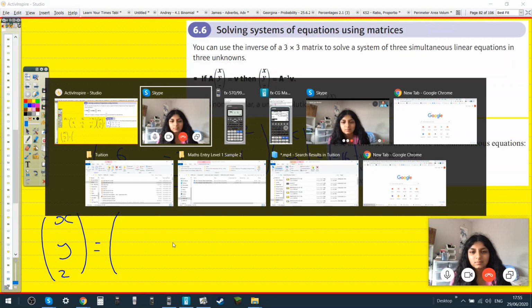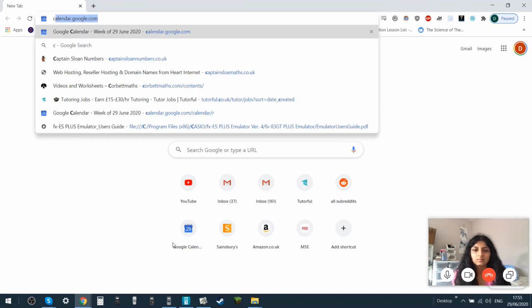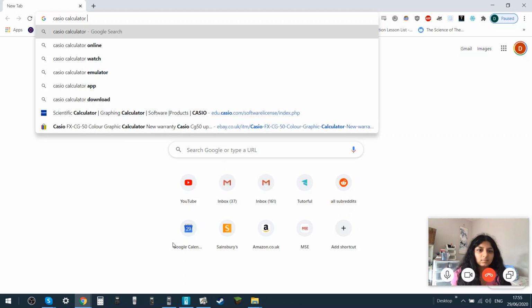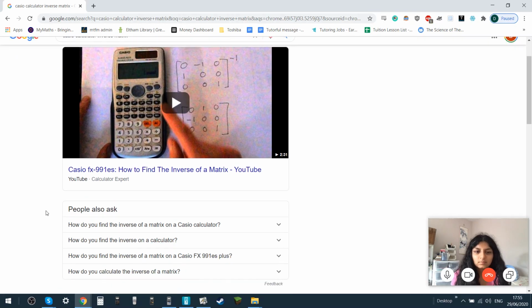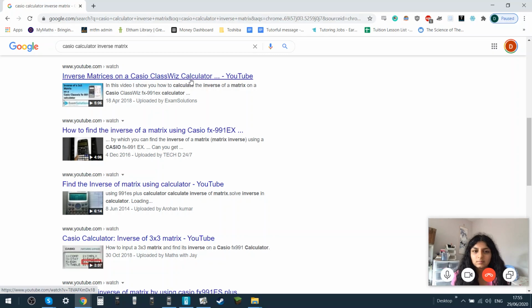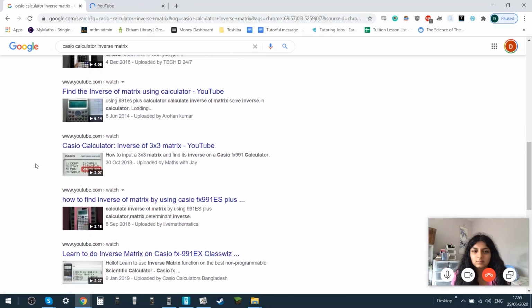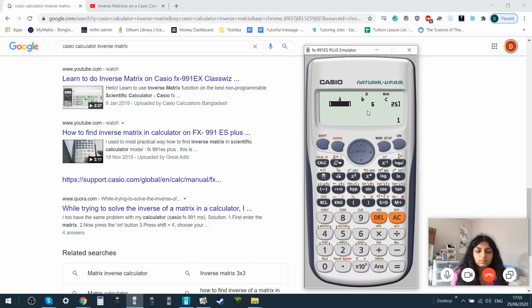Hold on. Do the Googles. Casio calculator inverse matrix. Let me see if I can do it on the old calculator easily. Let's close this one.